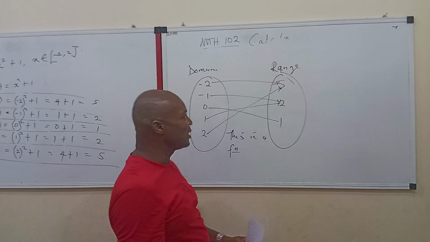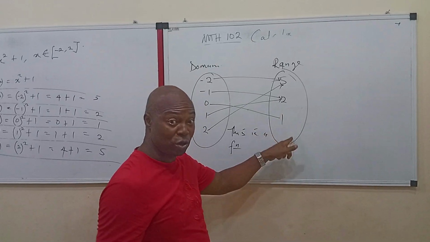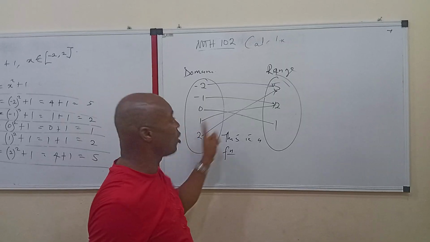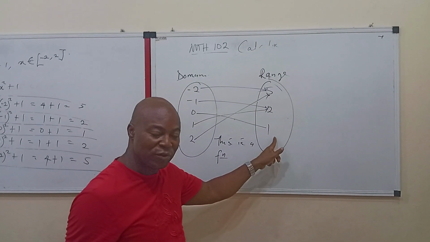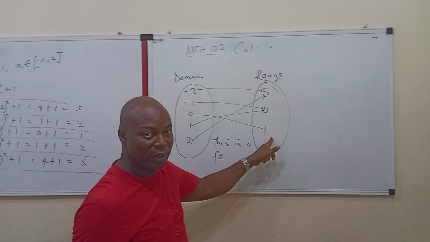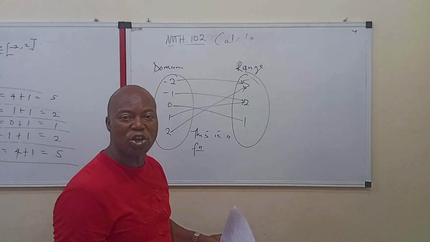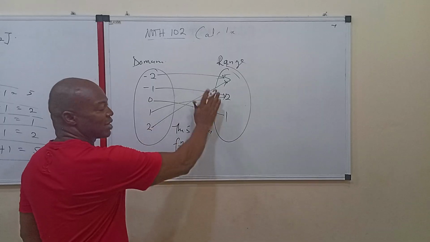But in this case, all the range values are mapped, though not in a one-to-one correspondence.